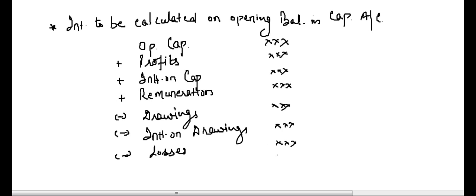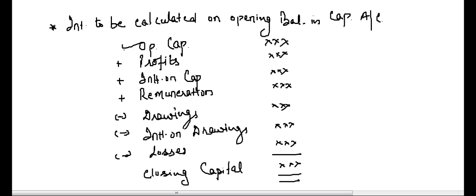Now what we have here is the closing capital, that is, the capital at the end of the year. Now the interest on capital is to be calculated on the opening capital. But if the opening capital is missing and we are given the closing capital in the question, then how are we going to calculate the opening capital?